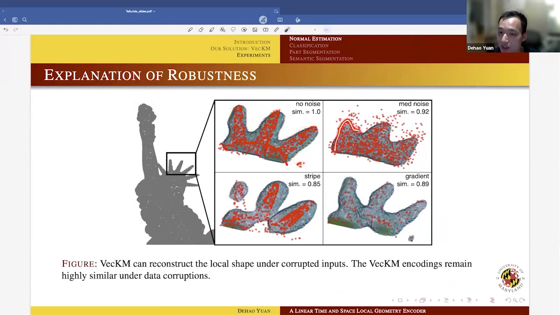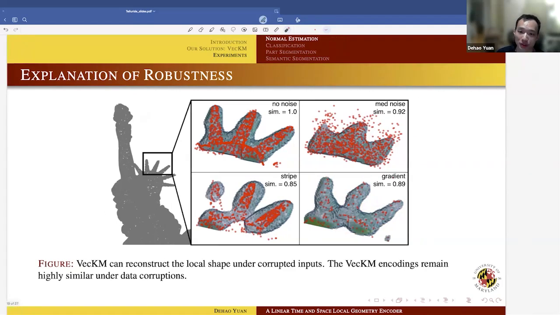And even if there is noise, it's already hard to see the shape from the point cloud, but our encoding can capture the shape. And also when there is density variation, you can still capture the shape of the local geometry. So this is another nice thing, where our method can visualize how good the geometry encoding is.